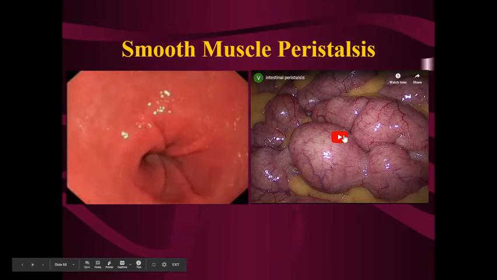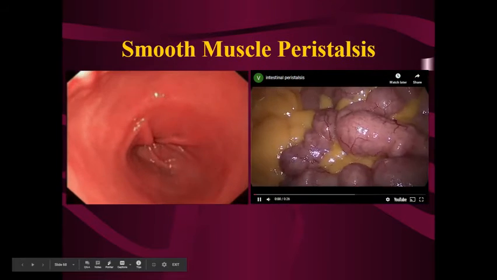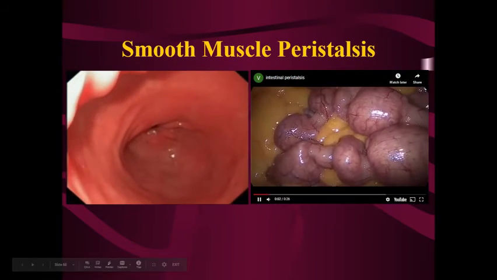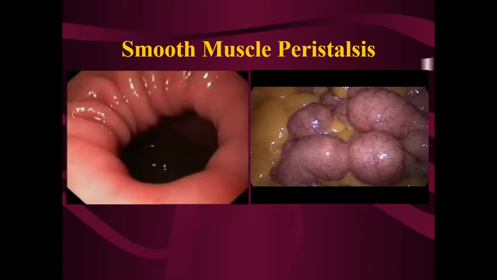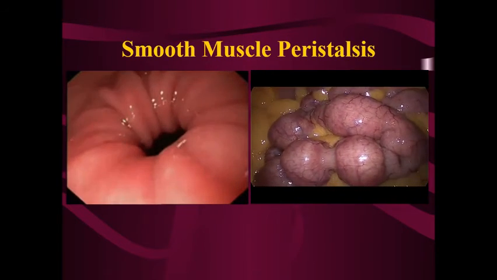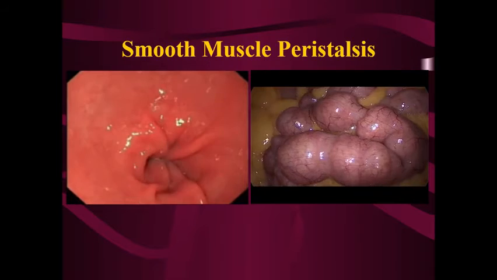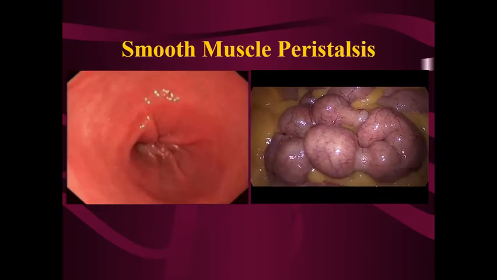Over on the right, this is intestinal peristalsis. So you can see the peristalsis moving things in the intestines. You can see how there are alternating contractions that are pushing things along.